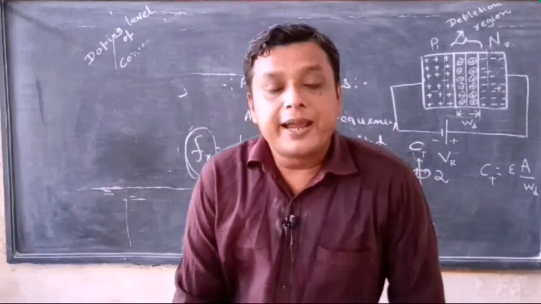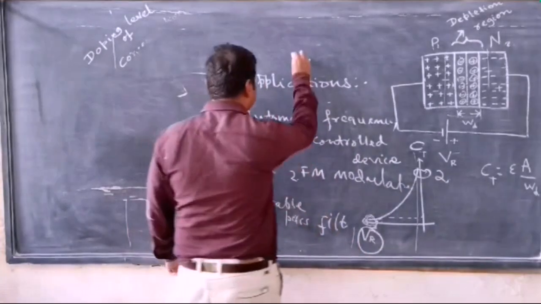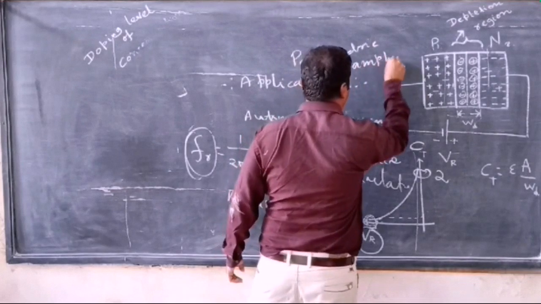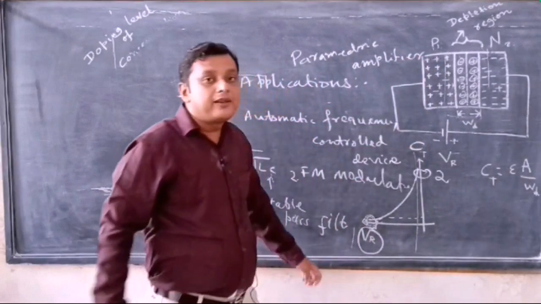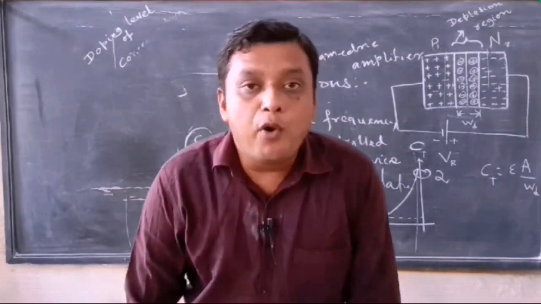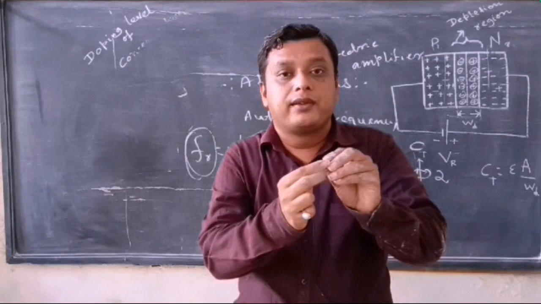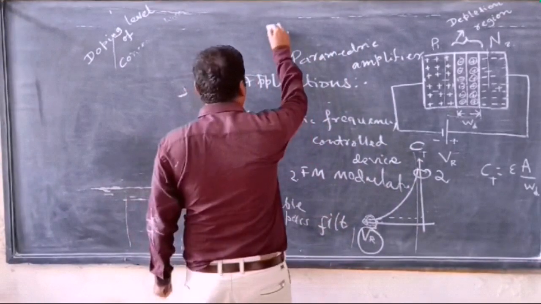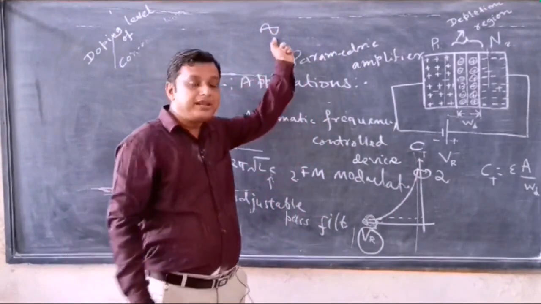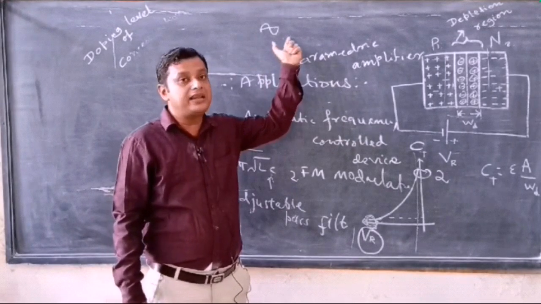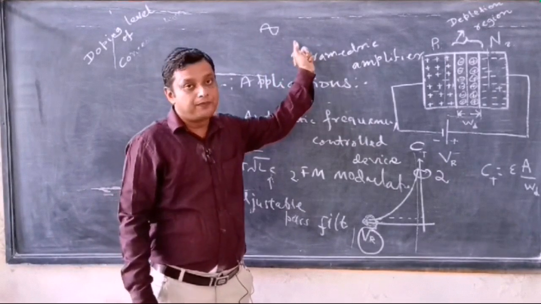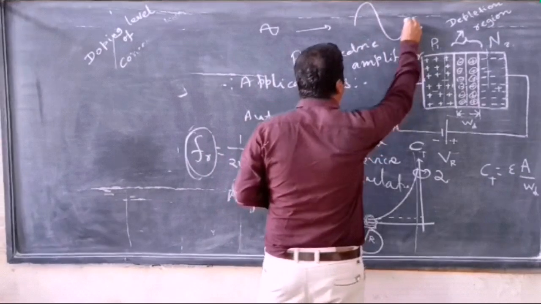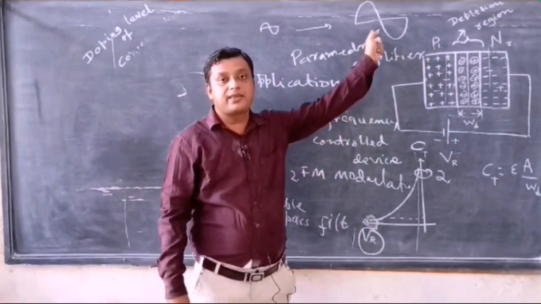Then parametric amplifier. Amplifier means a small strength signal can be converted to a strong strength signal. If I have this signal, amplitude is low, it is a small strength signal, and this signal can be converted to the high strength signal.